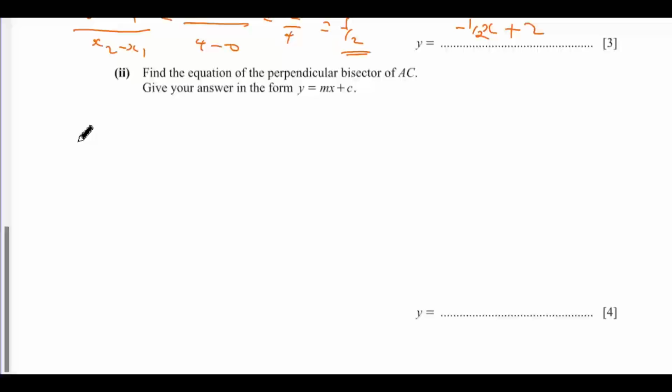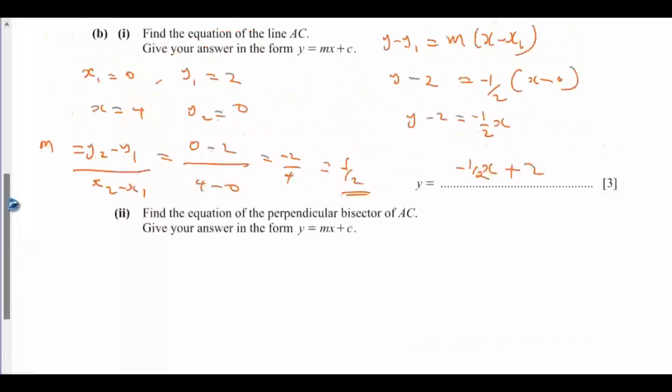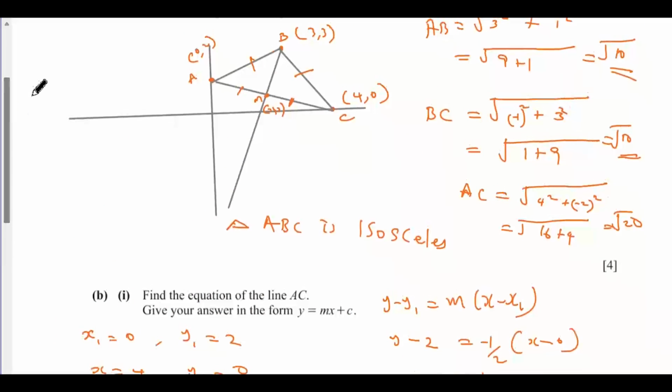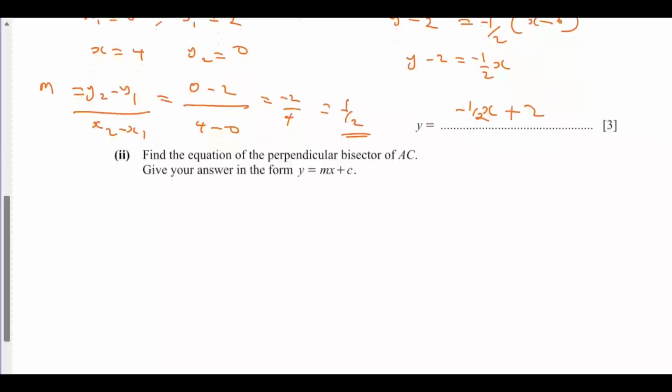To get the midpoint, we need to make use of the values of x and y respectively. So x will be equal to 0 add 4 divided by 2, and then y will be equal to 2 add 0 divided by 2, that will give us the coordinates of the midpoint.